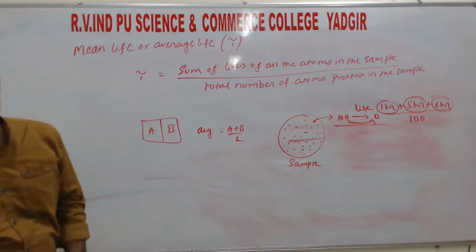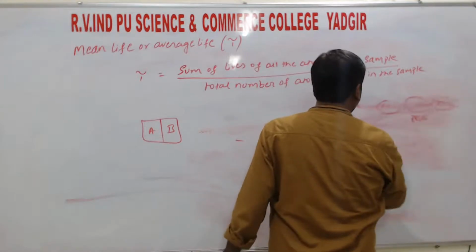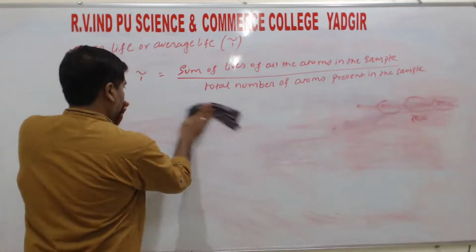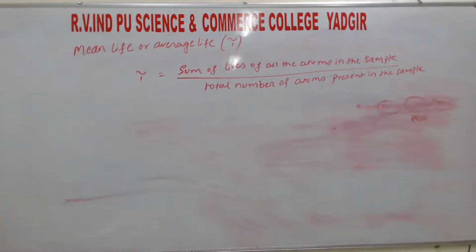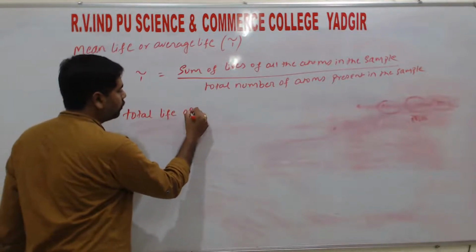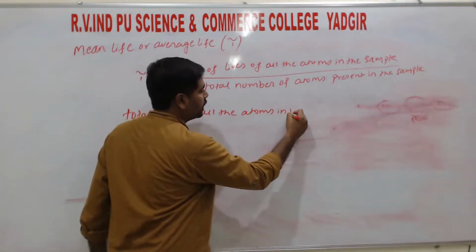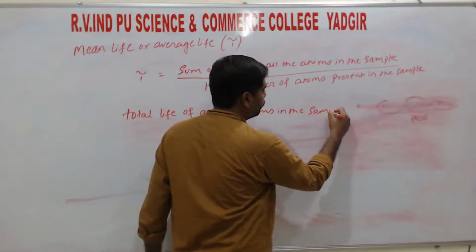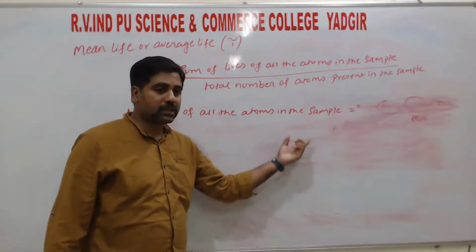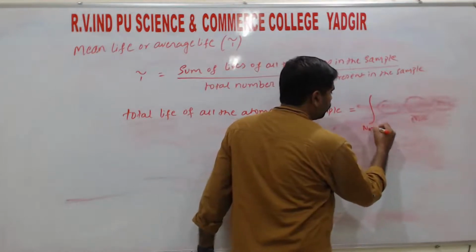So for this we have a mathematical relation. The total life of all the atoms in the sample is equal to, if we have several atoms present in one sample, integrating from n0 to 0.